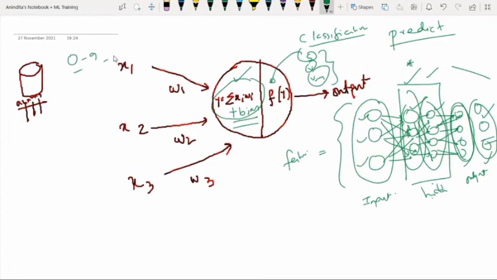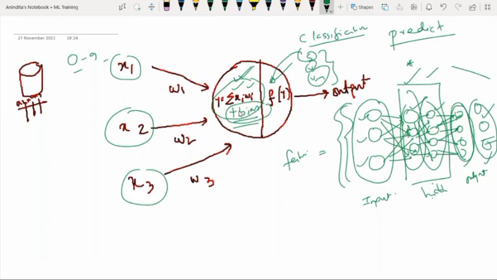Whenever you are going to design any neural network, you have to first think what is the number of input neurons at the input layer. It can be calculated from the features. Then whenever you are performing this kind of task, you have to decide about the bias. I will explain what this bias is. So the weighted sum is not only multiplying input into weight.